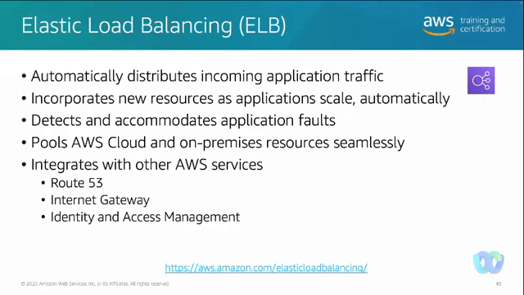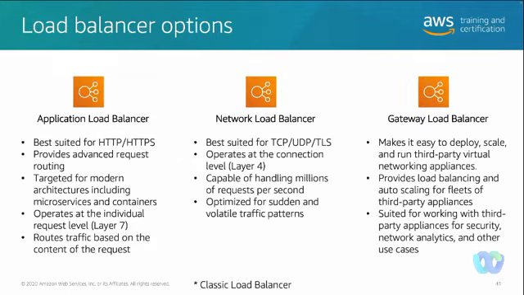Now that we talk about elastic load balancers, know that there are three flavors of load balancers. So when you enable that service, it's going to ask you which one do you want to run. Do you want to run the application load balancer, network load balancer, or gateway load balancer? What's the difference between the three? Well, application load balancer works at layer 7 of the OSI model.